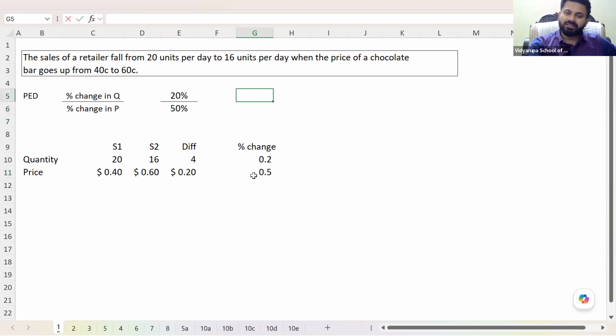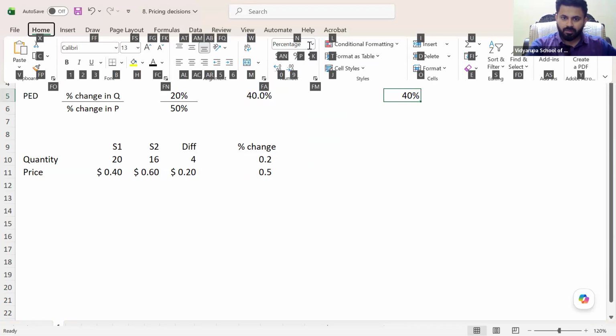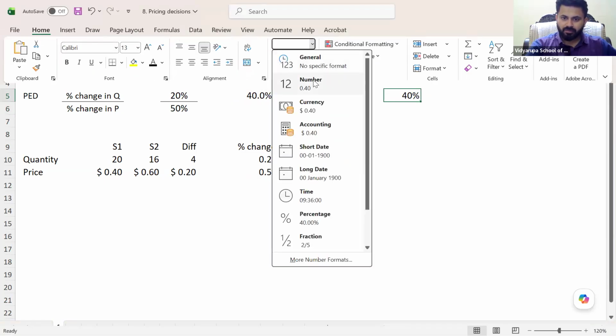So now applying this, 20 percent divided by 50 percent gives 40 percent. Or like many of you had given, this value could be presented as a decimal: 0.2 divided by 0.5.